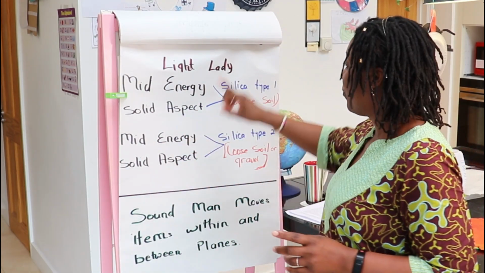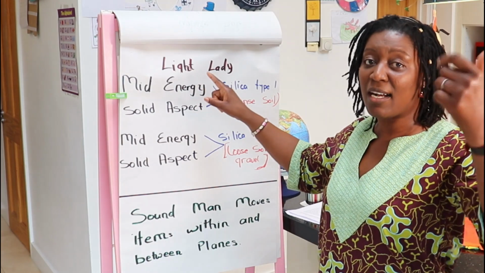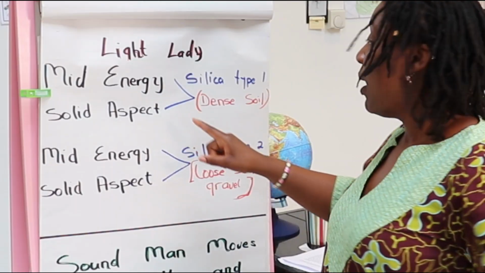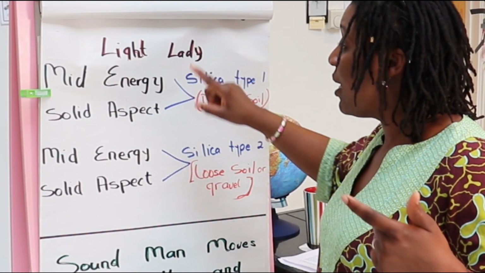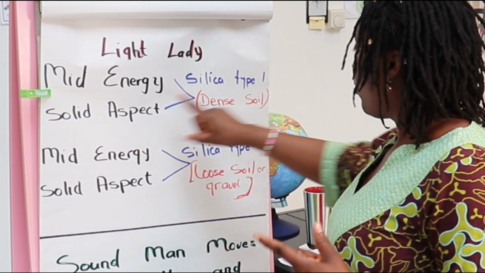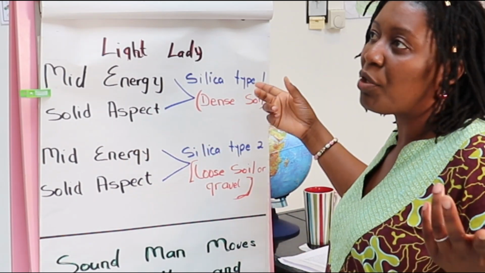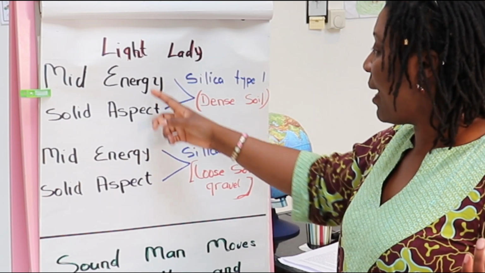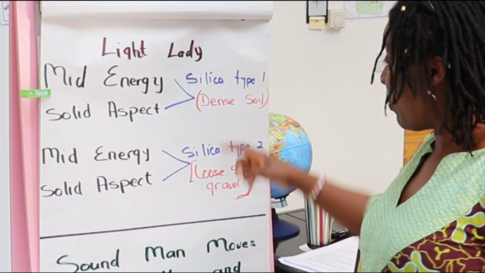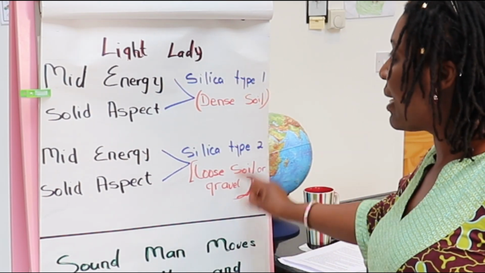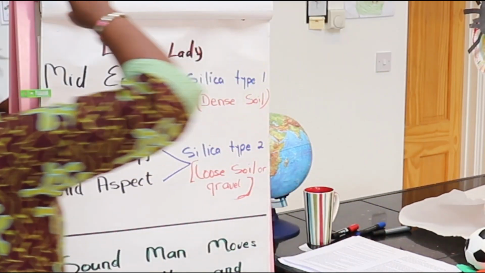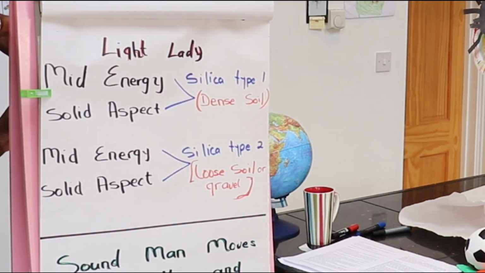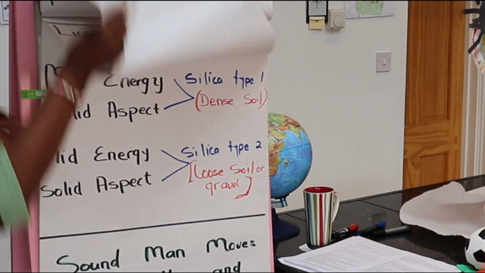Just as a reminder, remember the light lady, Gaia, consciousness G, when she cooks with the solid aspect, she makes a variation. There's quite a few she makes.